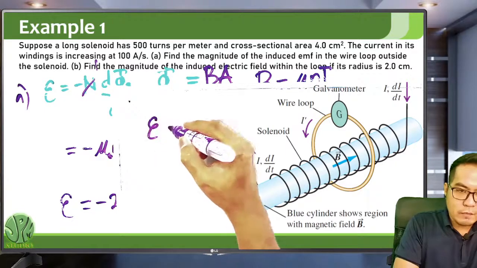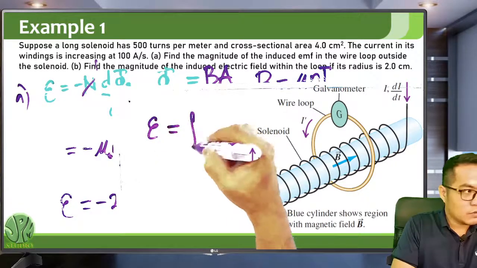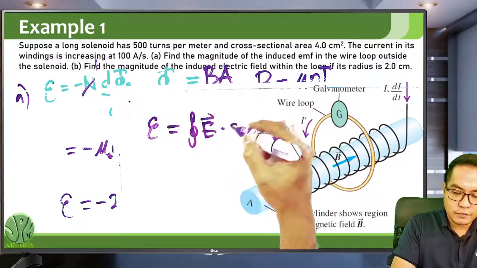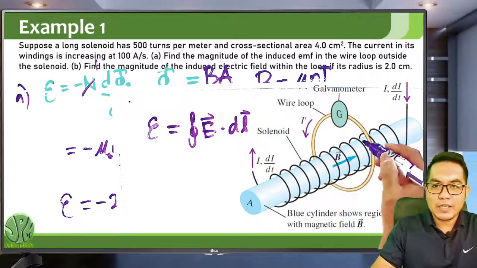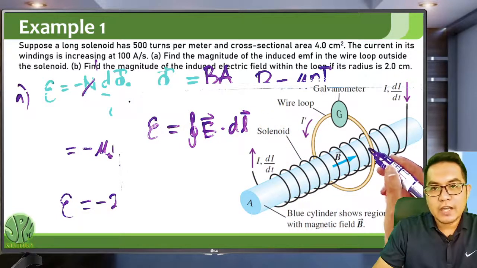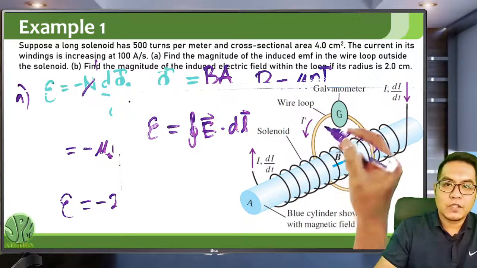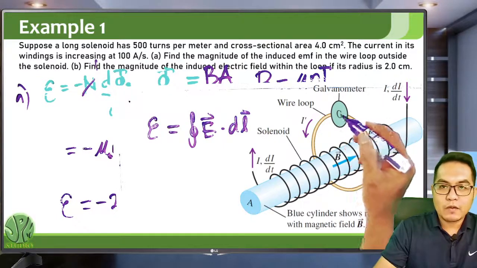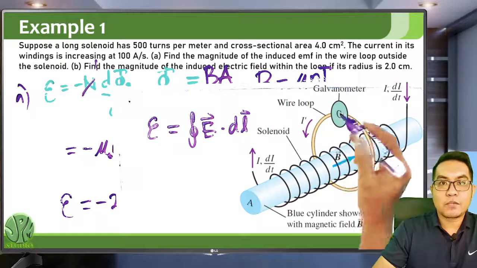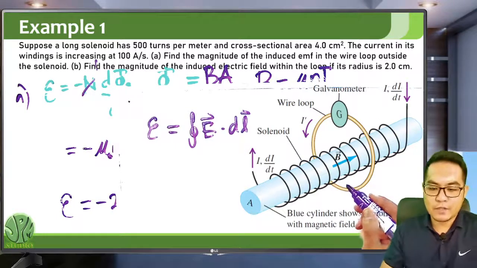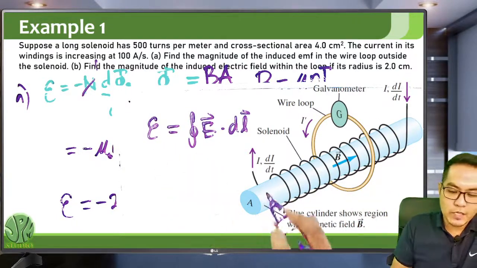So the EMF is just the closed integral of E dot dl. So dl is the length around the loop. The total length of the loop, if this is a circle, is 2 pi r, the circumference of that circle. So we already know the EMF.